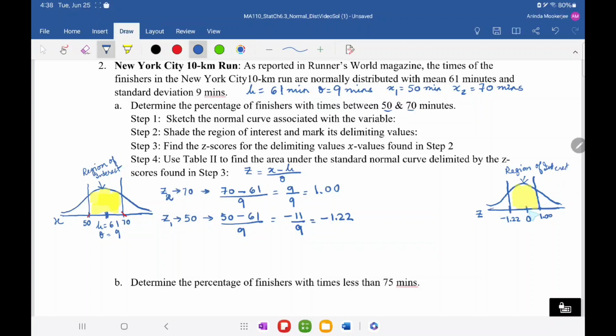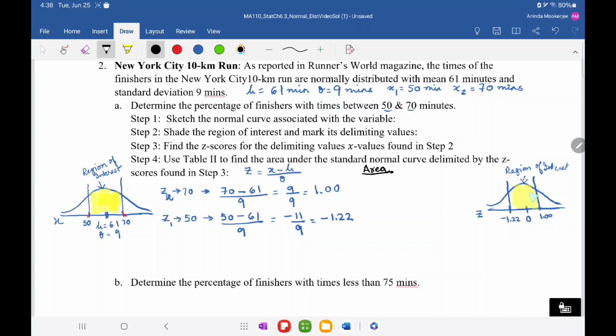And now to find the areas, we have to go to the table. Again, keep in mind the area on the table is always to the left of the curve. Now, because this is the area between 2 points, we have to first find the area to the left of the higher z value, which is 1.0.